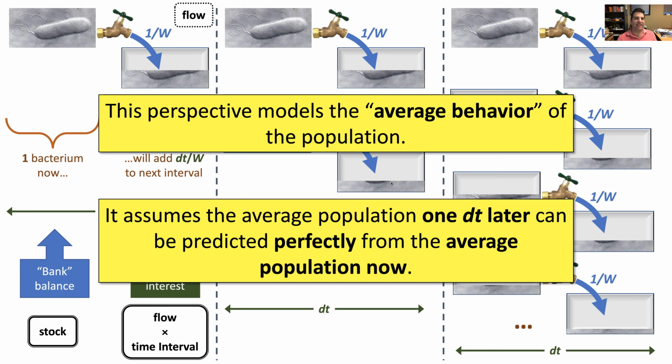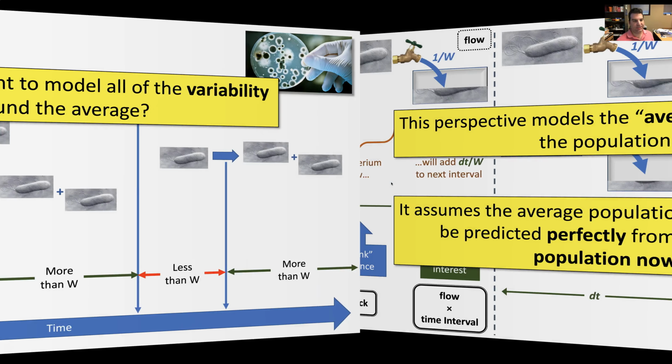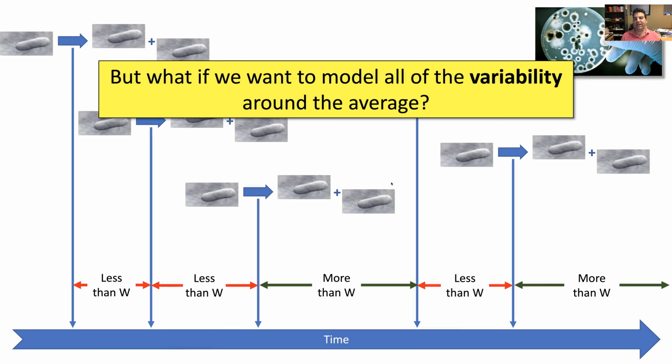We're saying we're modeling the average of those populations. But imagine if we actually want to do more than just model the average. We want to model the realistic variability around the average. So we want to see, sometimes do I get faster growth? Sometimes do I get slower growth? And so on and so forth.